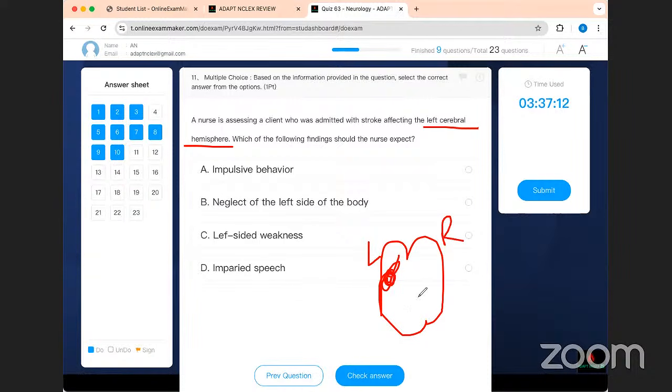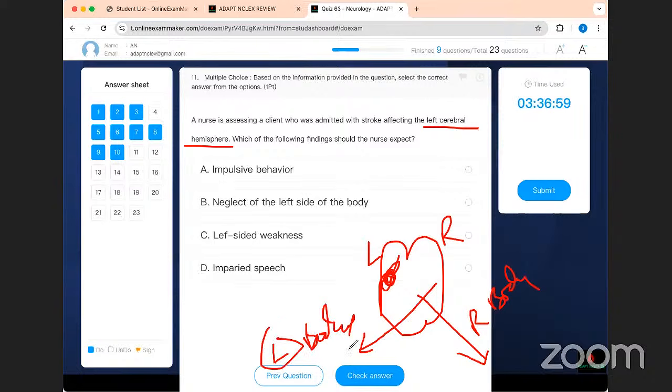When you have a left side stroke, it's going to affect the right side of your body. And if you have a right side stroke, it affects the left side of your body. The left side is where your speech function is located. The right side is where your emotion, your impulsiveness is located.